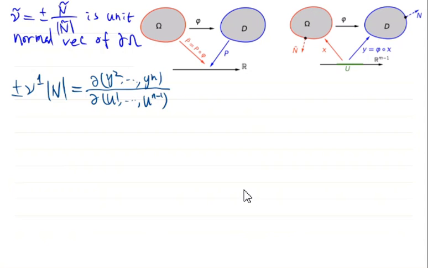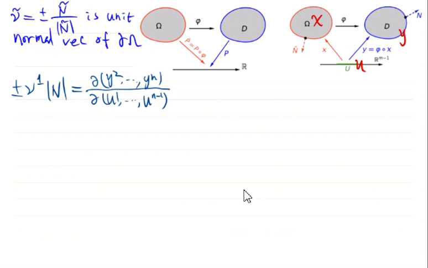We know that u is a parameter variable in R^(n-1) from the set U, and x is the point in the boundary of omega, and y is the point on the boundary of D. So y is a function of x: y equals phi of x, x equals x of u.